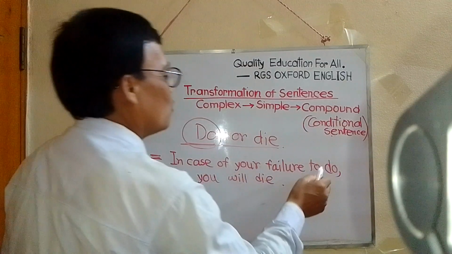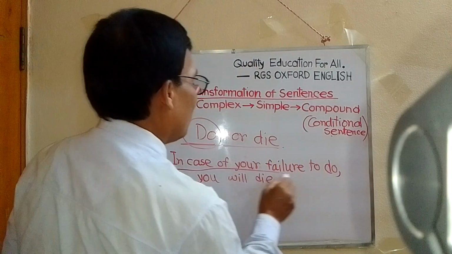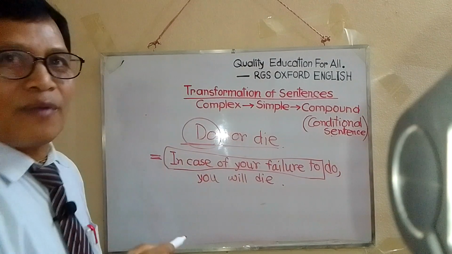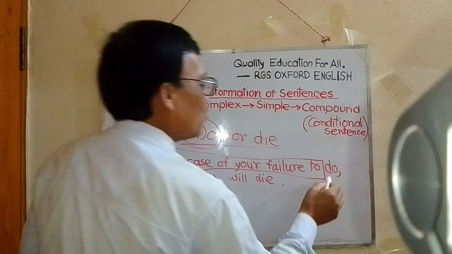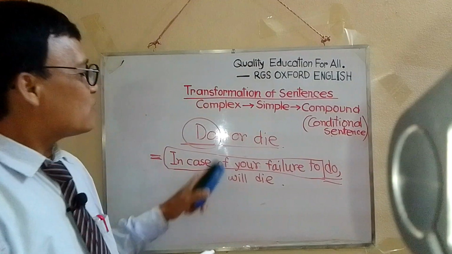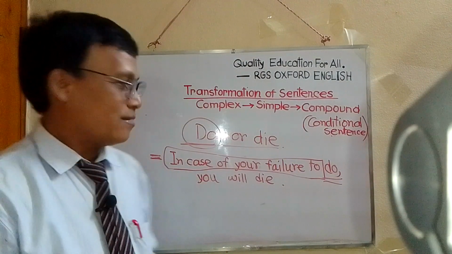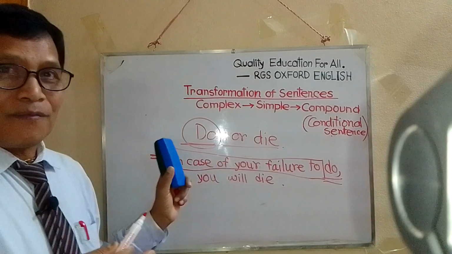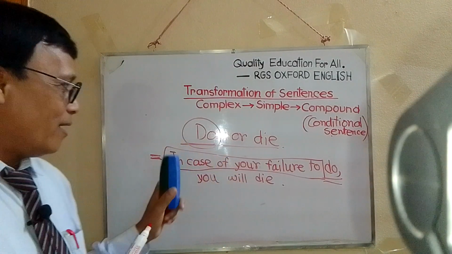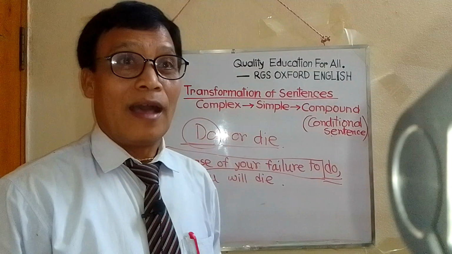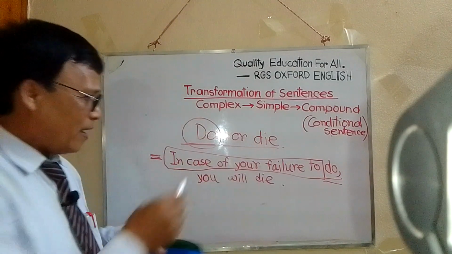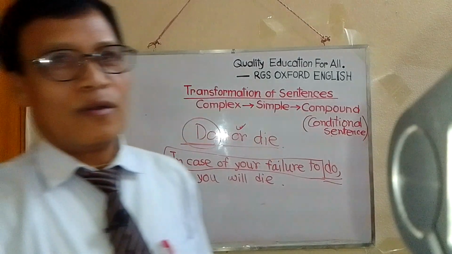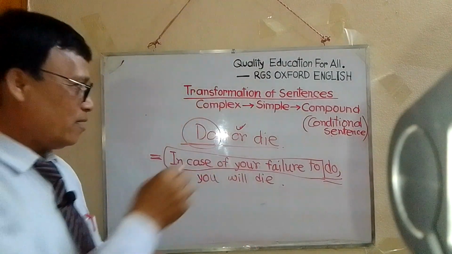In case of your failure to do, here "in case of your failure to" is a phrase. This was not present here, but we have added it. Why and how? As you see, there is the connector, the coordinate conjunction "or."